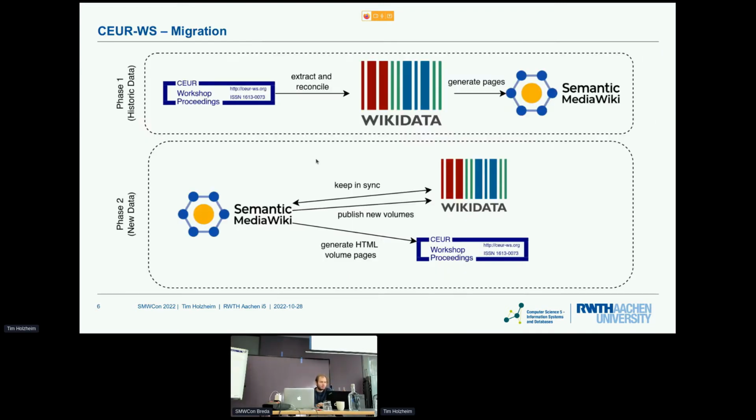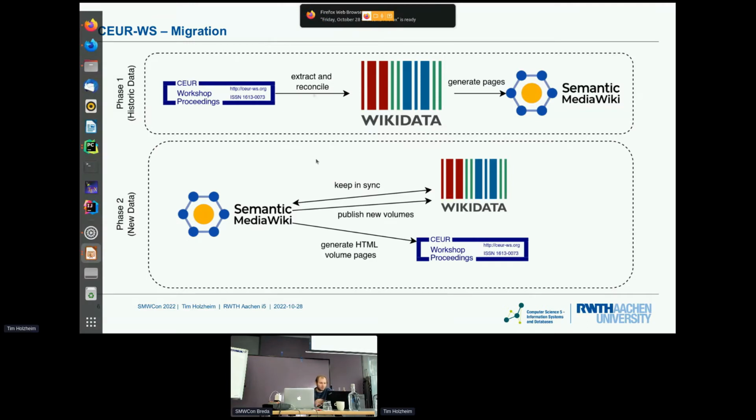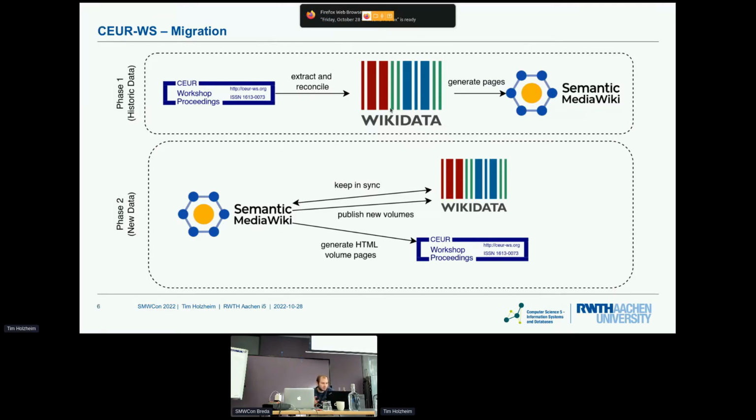So how do we migrate the data, which is only structured in HTML format, from CEUR-WS to Wikidata and also to our semantic MediaWiki? So what we approached is that we, in the first phase, extracted the historic data, matched it against Wikidata items, for example, the authors, editors, the locations, and also the event proceeding if they were already added to Wikidata.